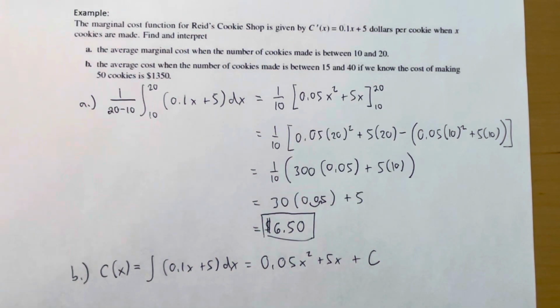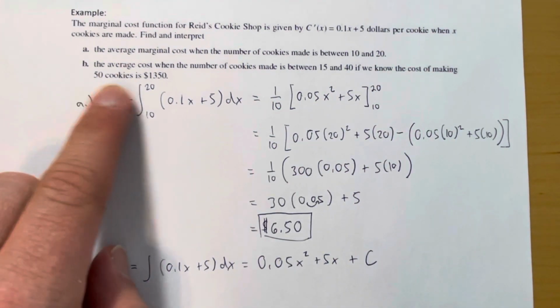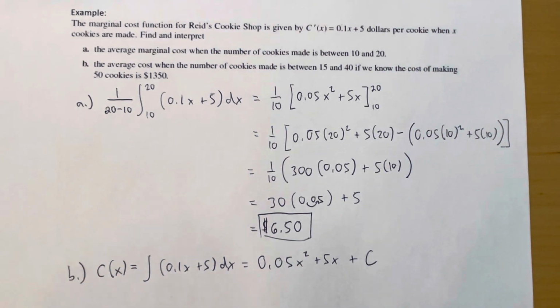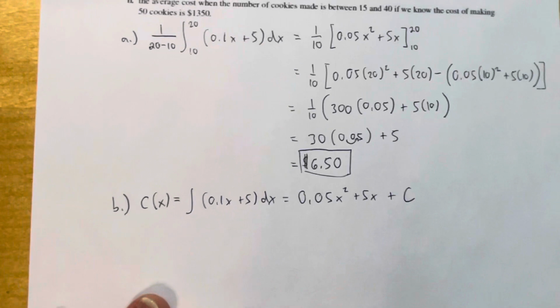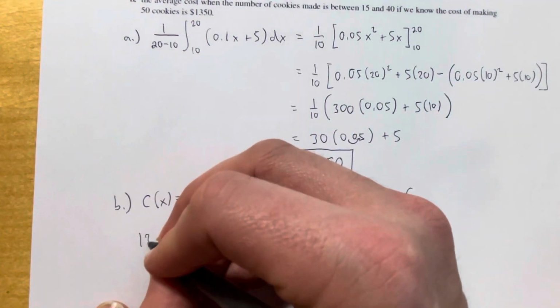Just like the example in the previous video, we find this value of c using the additional information that's given to us. So it says that if we know that the cost of making 50 cookies is $1,350, then we can use that to find c. So $1,350, that's the value we're going to use here.